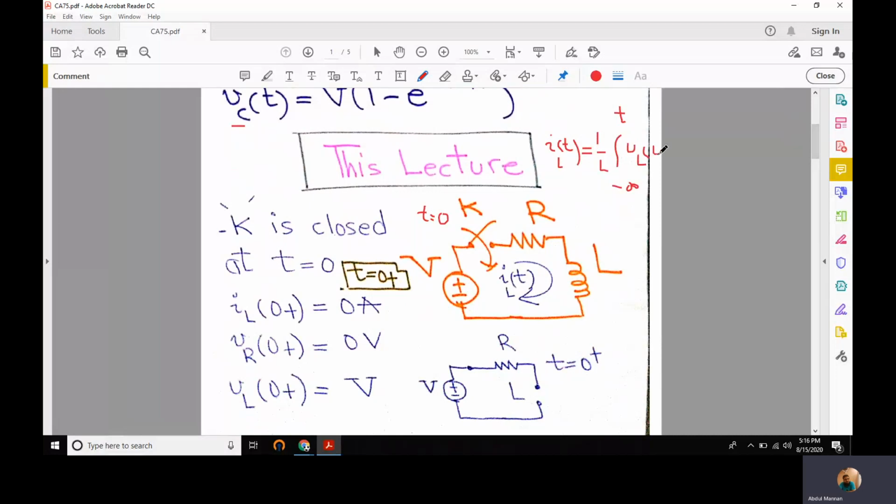So this term involves an integral. Therefore, current cannot change all of a sudden in an inductor, and just after we close the switch, there is no current in the loop. Therefore, it is 0 at time t equal to 0 plus, but it doesn't remain 0 for all t.